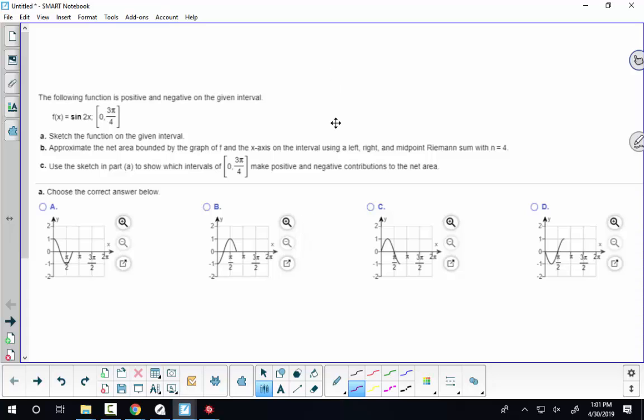Any particular part or all of it? All of it?